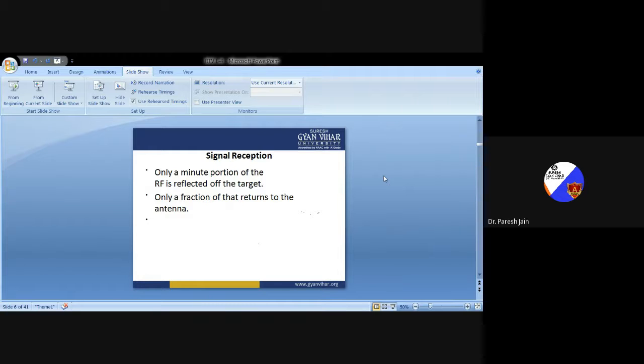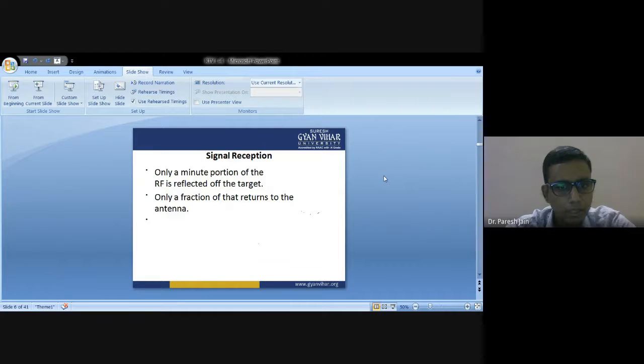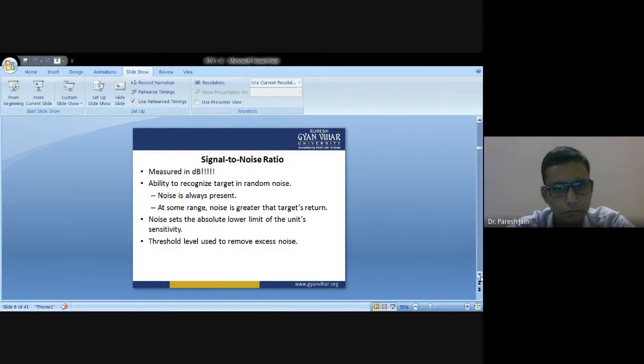Signal reception also affects the performance of the receiver. Only a minute portion of the RF is reflected off the target, and only a fraction of that returns to the antenna. Means when the signal is transmitted, some part of the RF wave is reflected from the target.